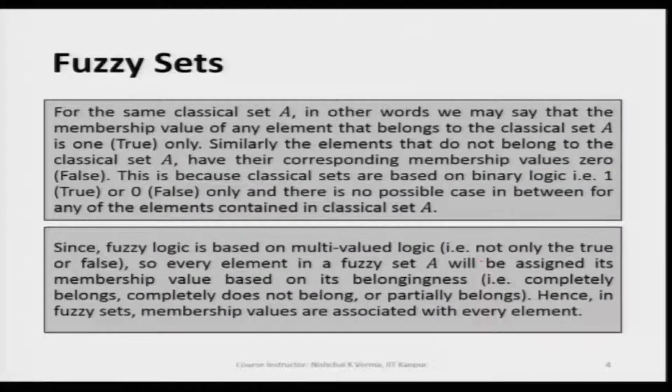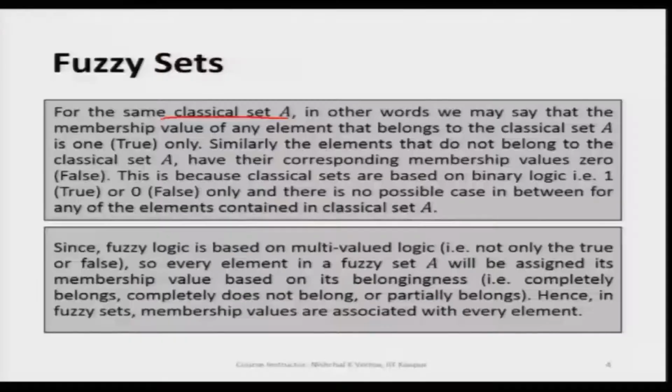For the same classical set A, let me make this clearer. In other words, we may say that a new term comes in here: the membership value. When I was mentioning 100%, it means 100% is the membership value.